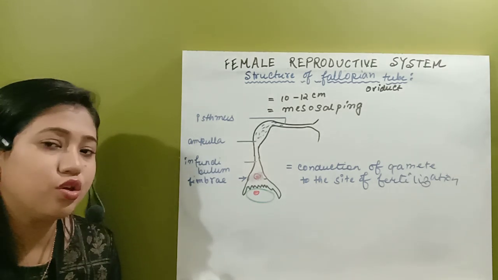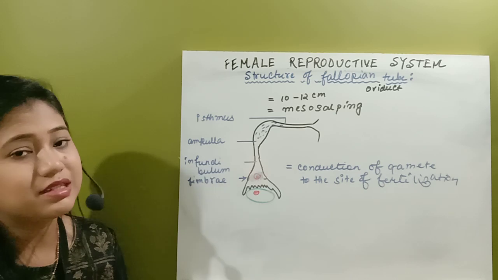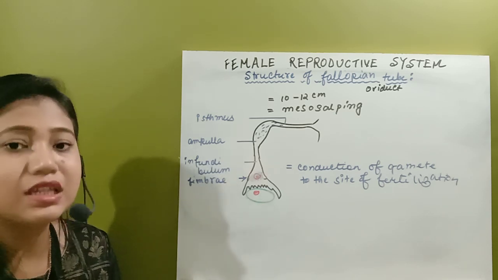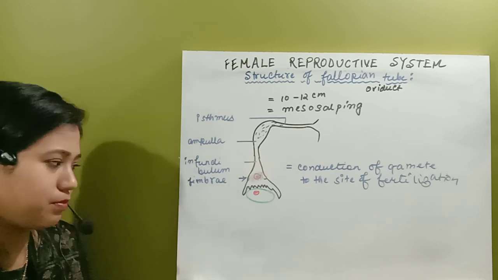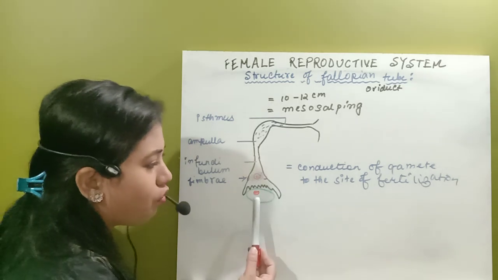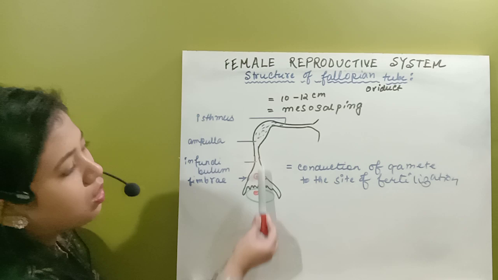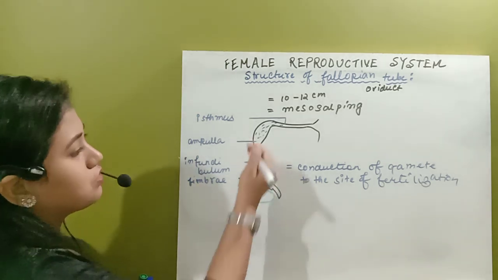And we should know that the female gamete, the ovum, is actually a non-motile cell. That means it cannot move. If it cannot move, then how is it possible that from the region of the ovary, it can be received by the fallopian tube and it will go against gravity to the ampullary isthmic region?